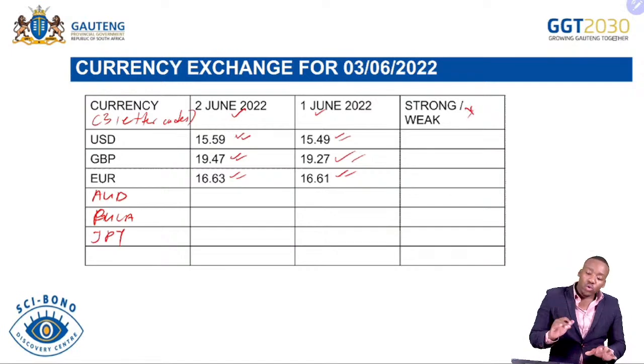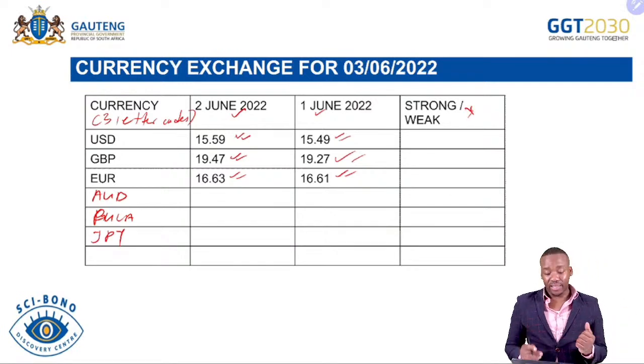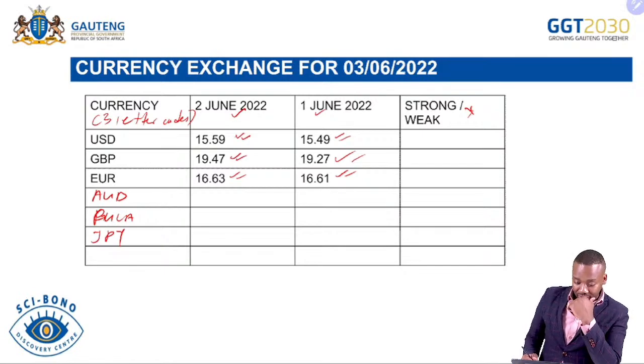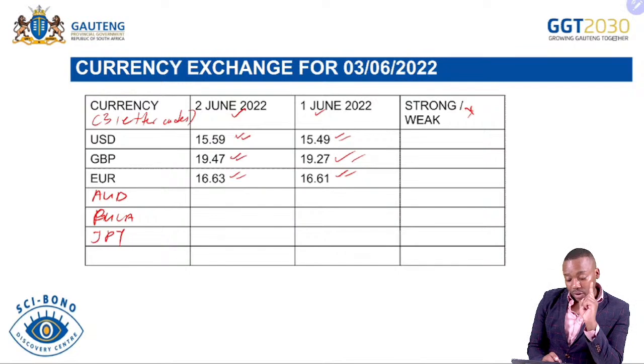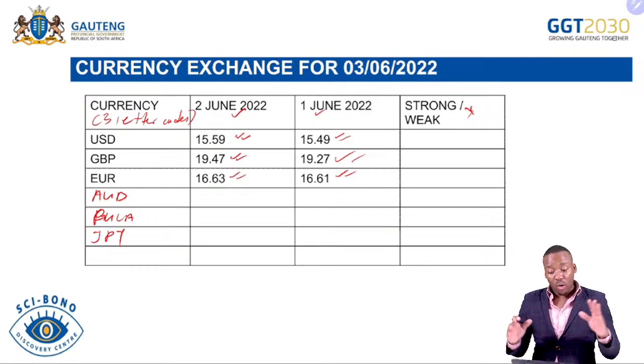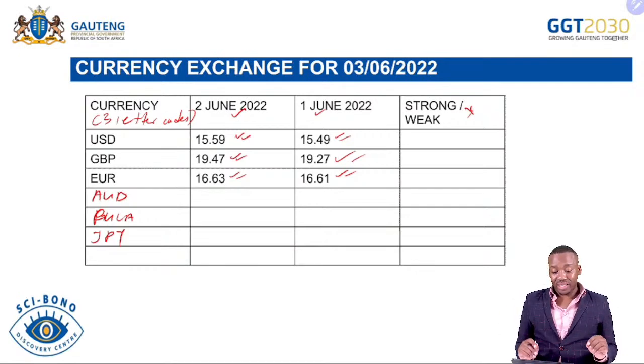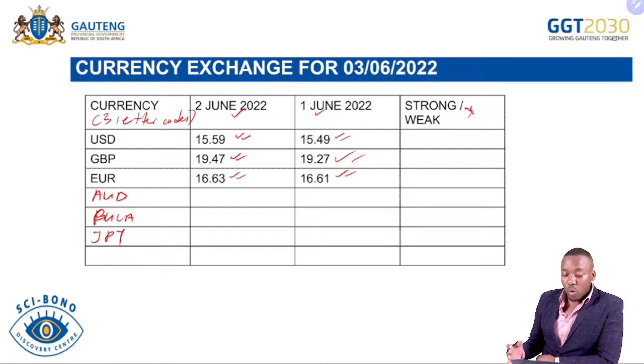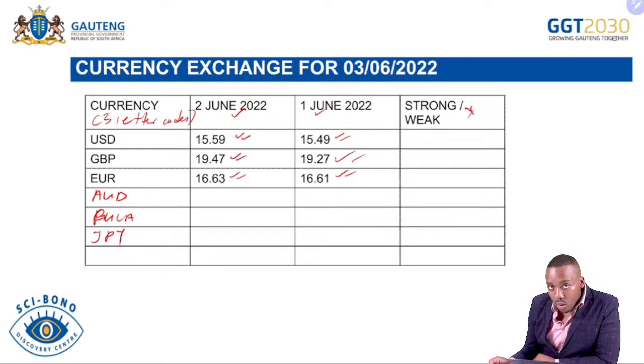So how do you know or see that our currency is weak? Let's check the US dollar, for example. On the 2nd, we are buying $1 with how much? 15 Rand 59 cents. Obviously, we know our currency overall is weak compared to these currencies. How do you know that it is weak? It is weak when you are paying more, right?